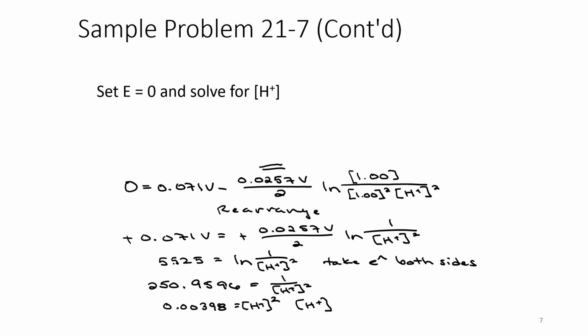So H plus is 0.063 molar, and we can take the negative log of that to finally get that the pH is 1.20. So the pH would have to be 1.20 in order for us to have a voltage of 0 for this problem.